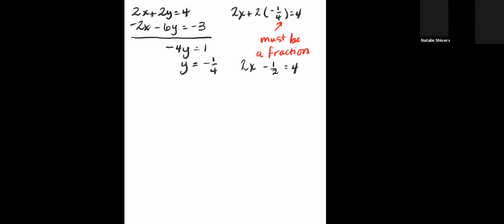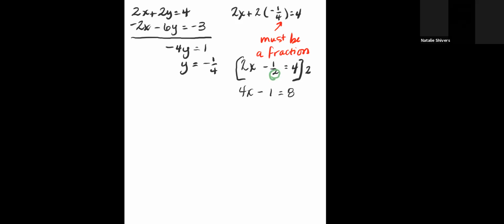For those of you that aren't super handy with your calculator, the easiest way to do these, and I teach these in intermediate algebra, I say, let's take this and multiply through by 2. And then I get 4x minus 1 equals 8.